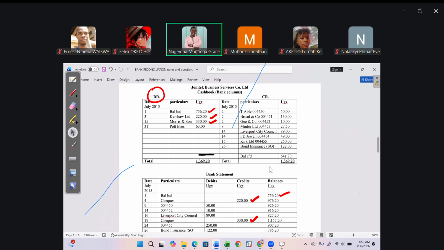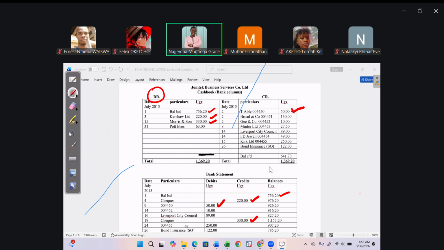We are ticking. Checks 004450 on the credit in the cash book, and in the bank, they are on the debit. Right side, right amount. Right side, right amount. Check 004451. It's nowhere. Then check 004452.